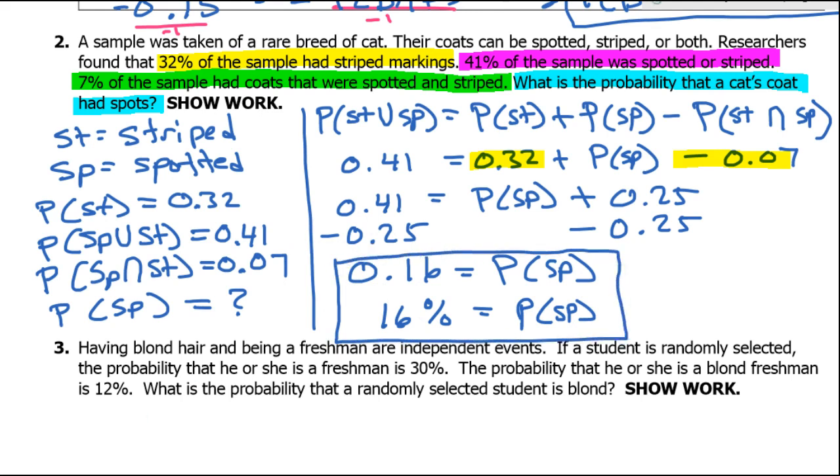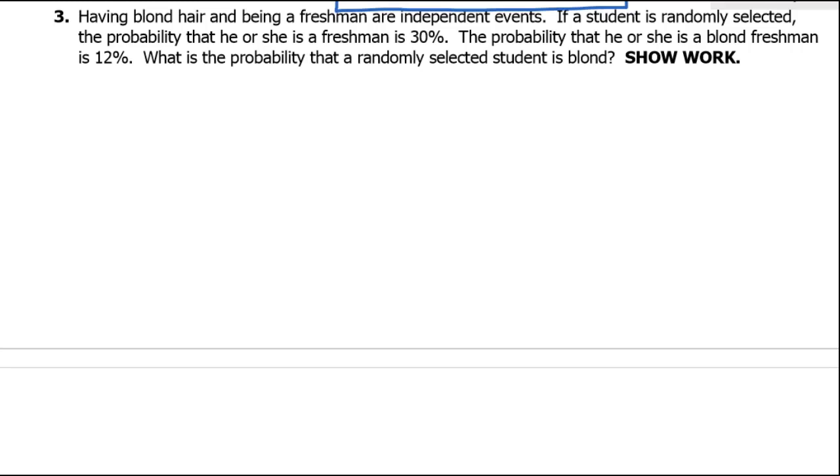Problem number 3. Having blonde hair and being a freshman are independent events. So sounds like we have our two events right there. Having blonde hair is one event, and being a freshman is another event.